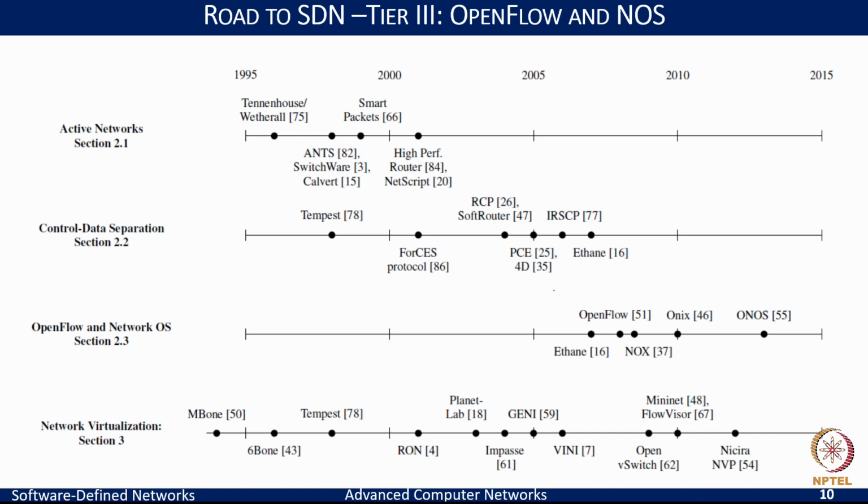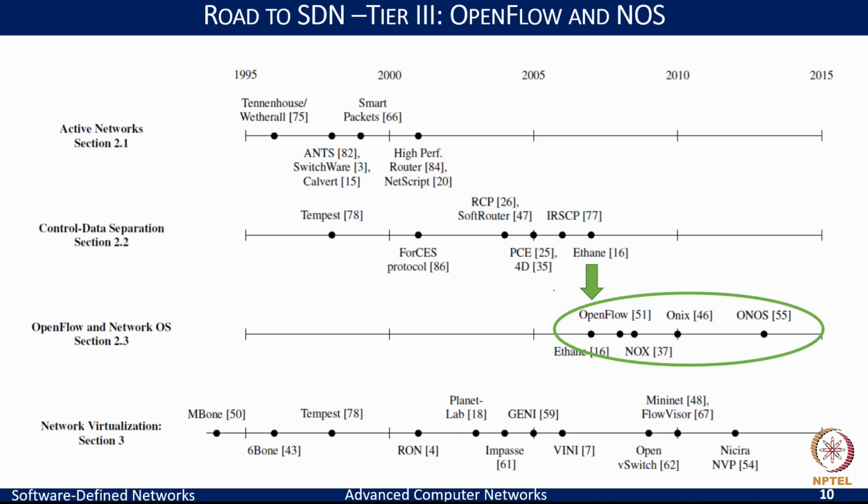And the third tier is the evolution of OpenFlow and network operating systems. And in here, you can see a lot of works that started with Ethane, leading to OpenFlow, Onix, ONOS, NOX, and various other works that have come in recent years.